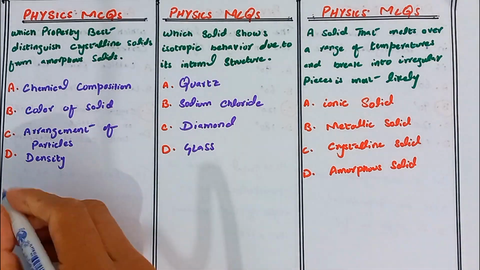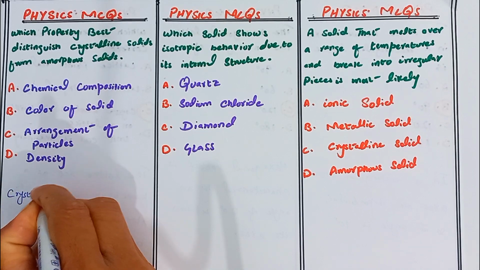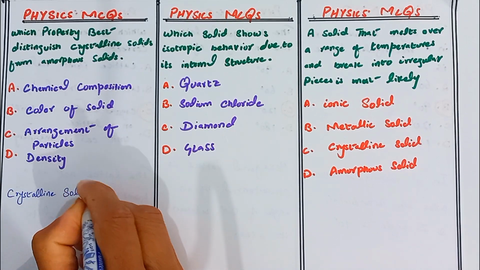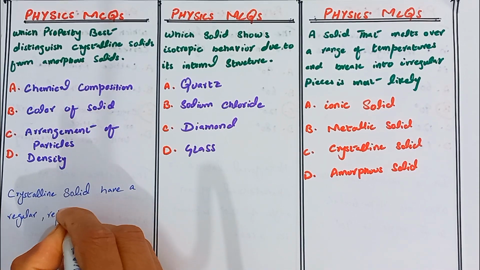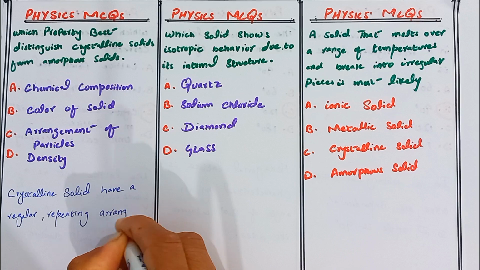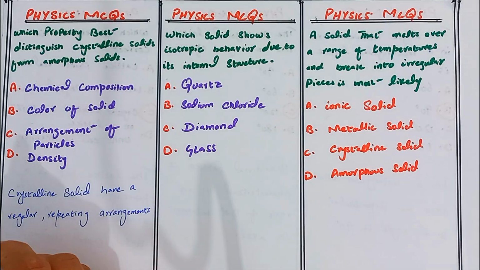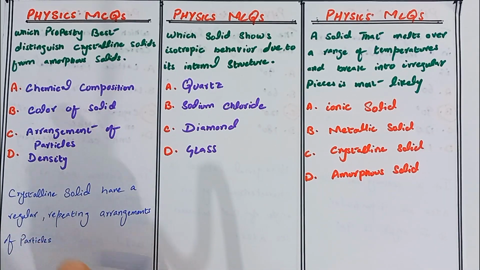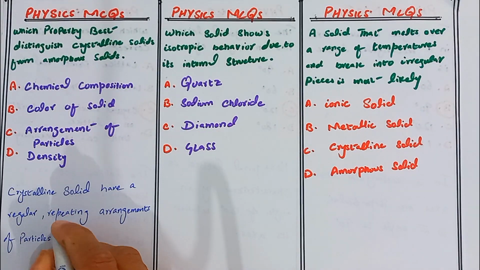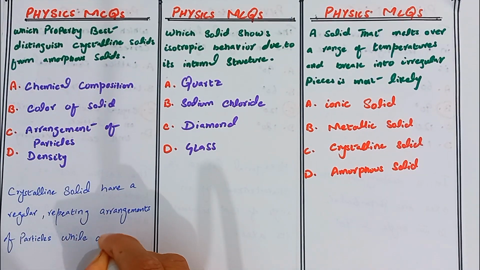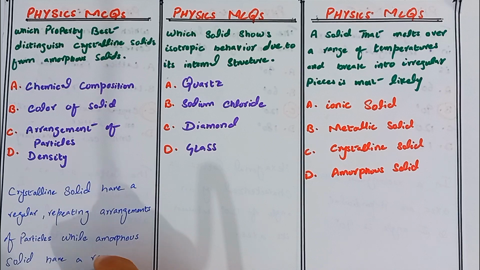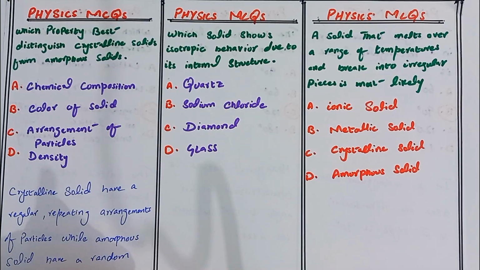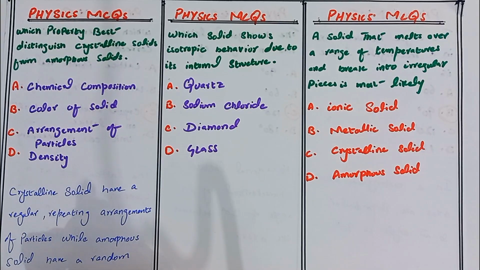We know that crystalline solids have a regular repeating arrangement of particles, while amorphous solids have a random arrangement only.